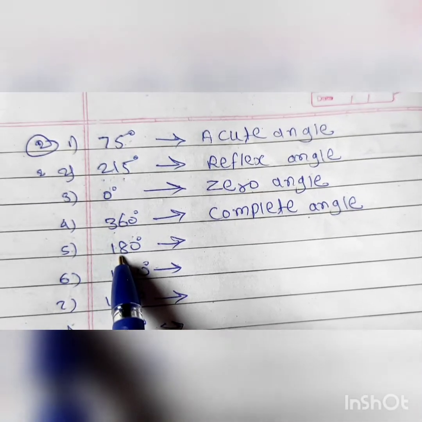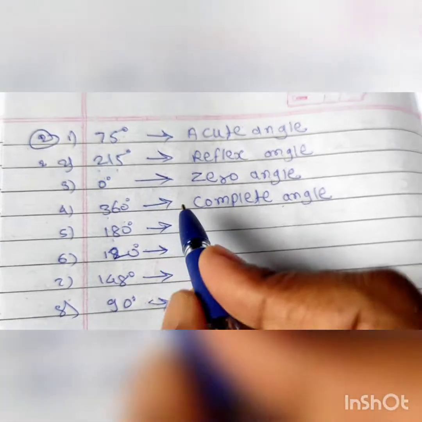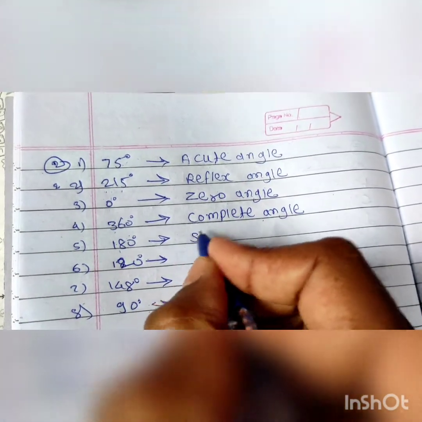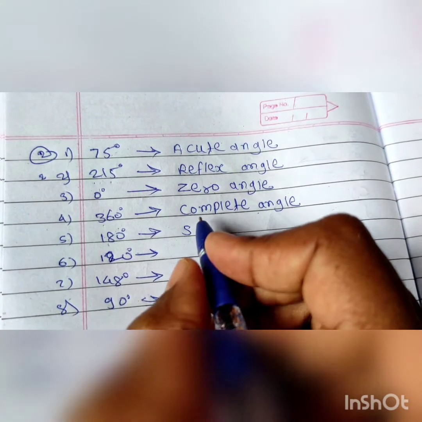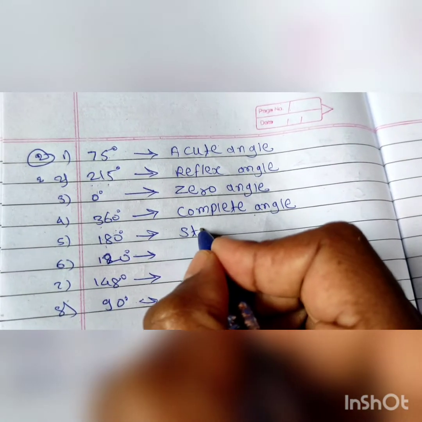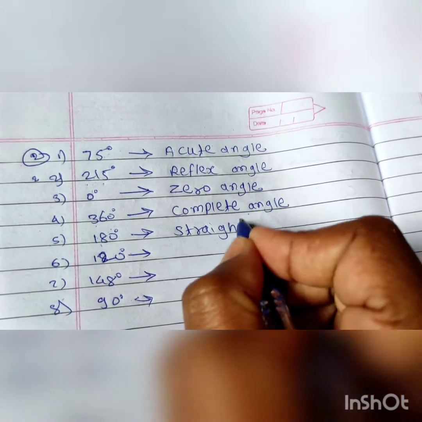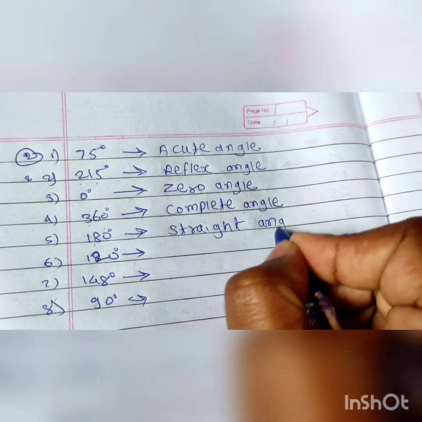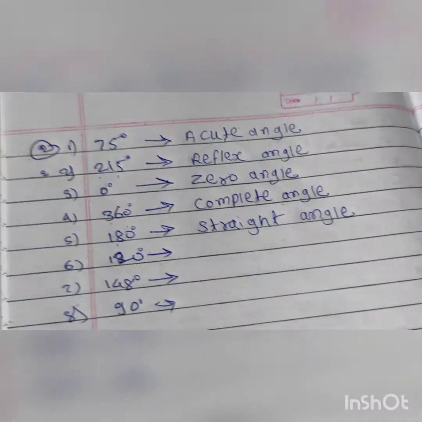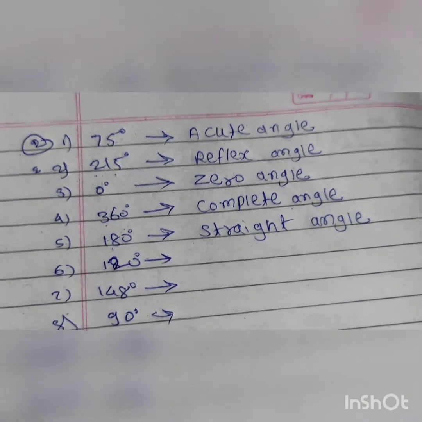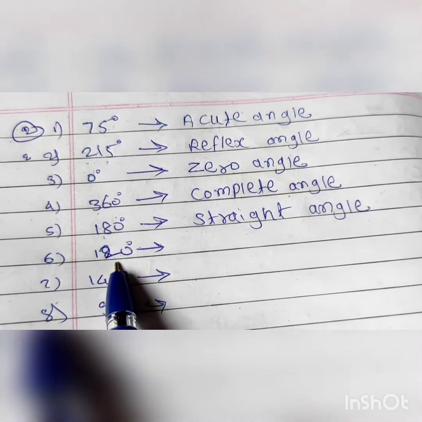This is 180 degree. 180 degree means straight angle. The measure of any angle that is 180 degree is called straight angle. 120 degree.